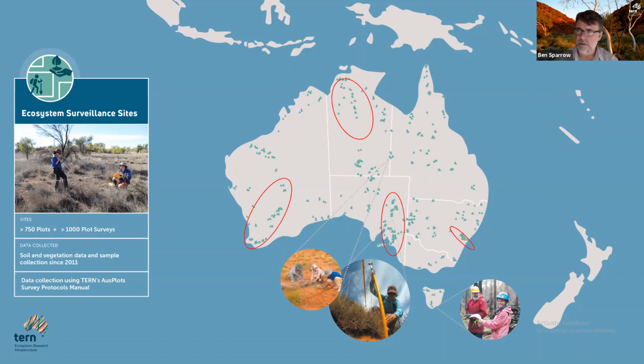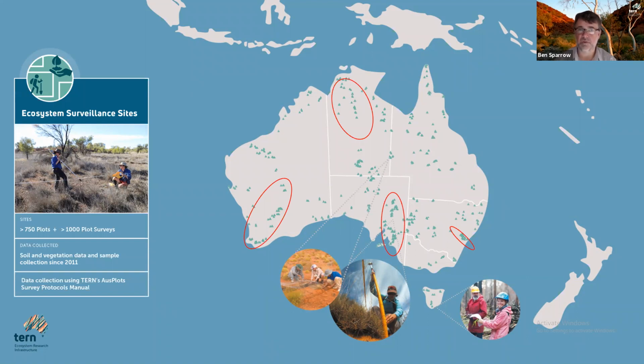It's also worth noting that some of our plots are located in transects specifically to look at changes along climatic gradients. And so these are areas, both the Northern Territory Transect, the South Australian Transect, and the Western Australian Transect. These are areas where we're anticipating change to be most noticeable and most rapid.